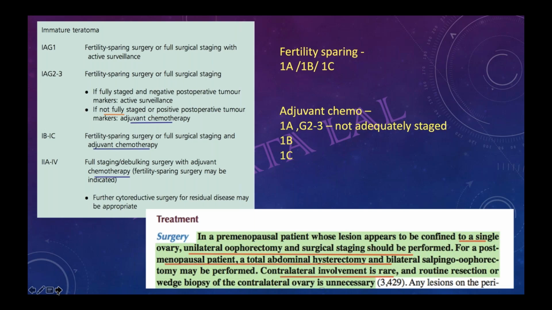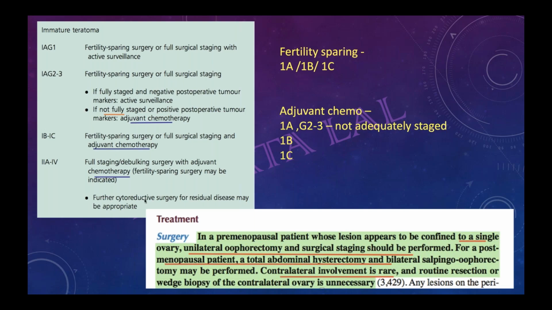So adjuvant chemo is given, and for all other stages more than stage 1, these are all advanced stages, it will be full staging, debulking surgery, along with adjuvant chemotherapy.